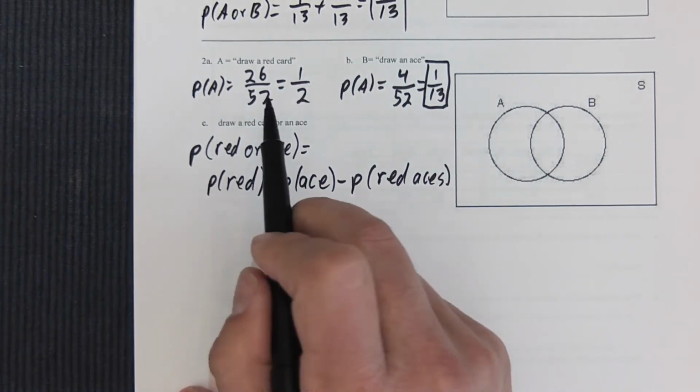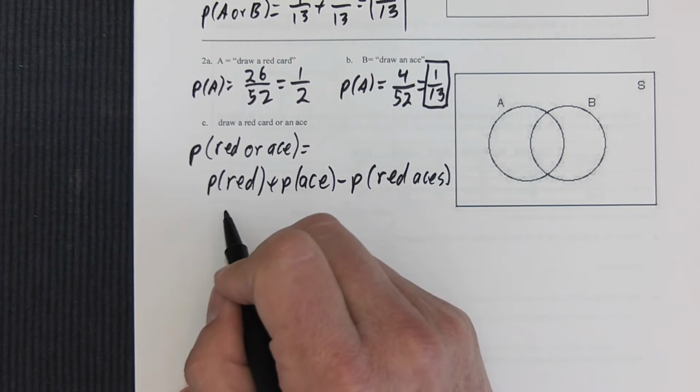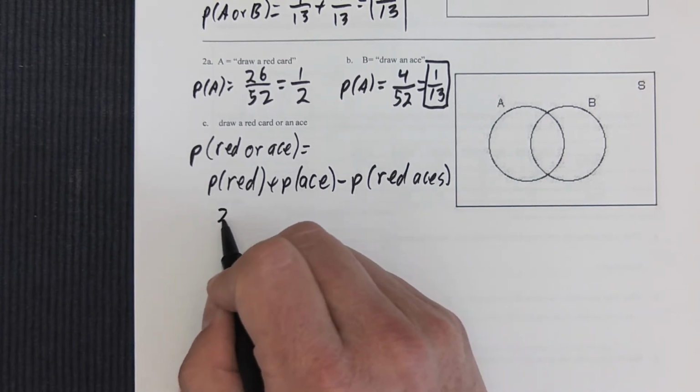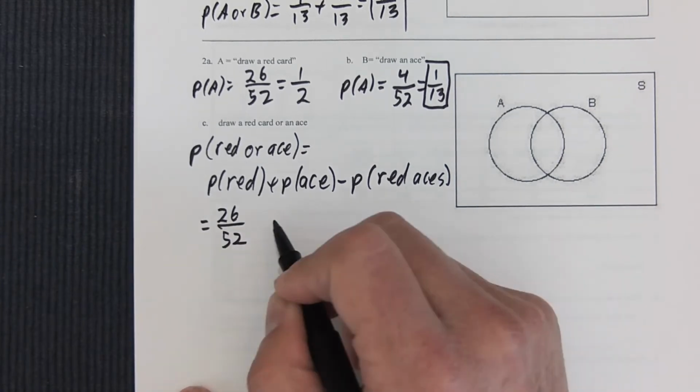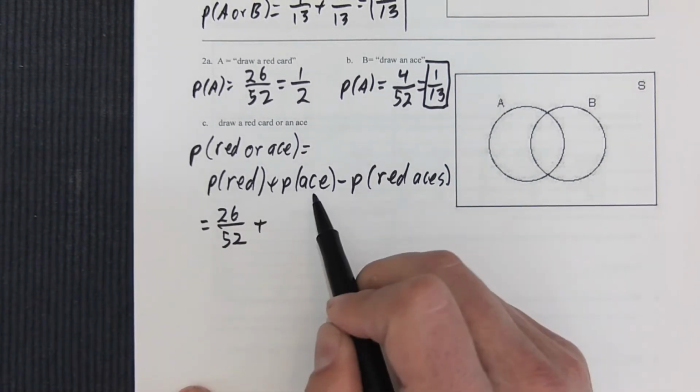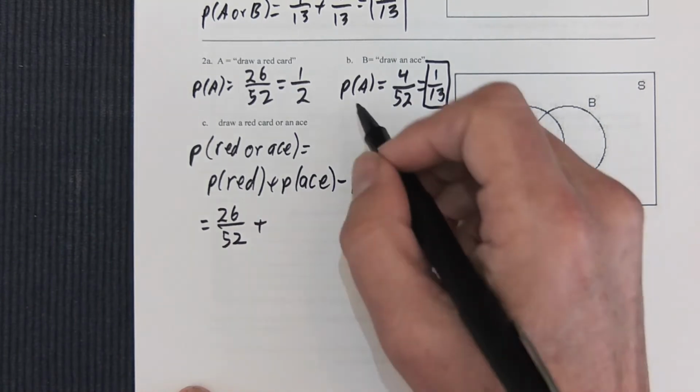Well, we know the probability of red. We got that up here. I'm going to keep it in its denominator 52. Plus the probability of it being an ace.